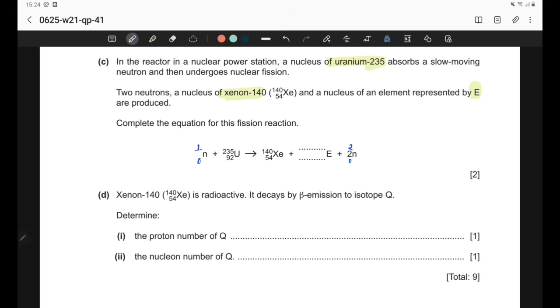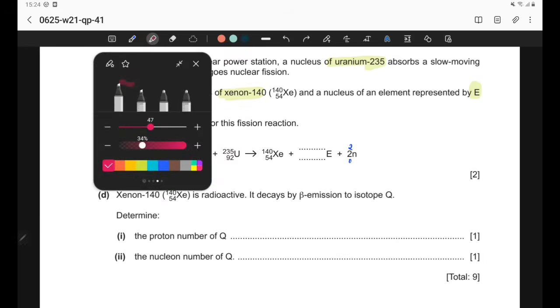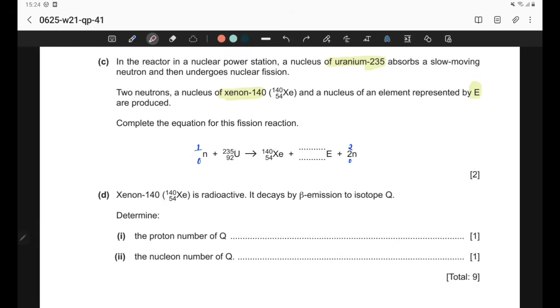So this is the available information we have, and we have a new element E at the right hand side. We need to find out its atomic number and mass number. Mass number is conserved. That means the total mass number at the LHS must be equal to the total mass number at the RHS. At the LHS we have 1 for the neutron plus 235 for the uranium atom, so the total is 236. Therefore the mass number at the RHS also should be 236.